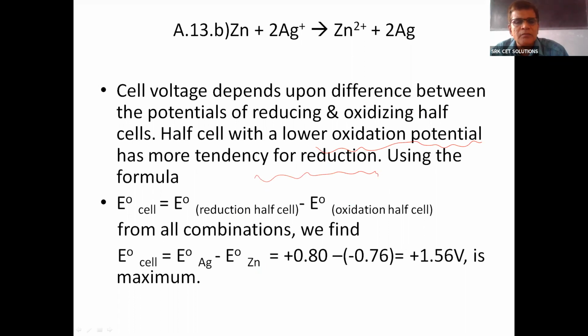Then we find among them the highest value will be for this difference. Difference in the potentials of silver electrode, which undergoes reduction, and zinc electrode, which undergoes oxidation. So that is the highest value for a combination, 1.56 volts.